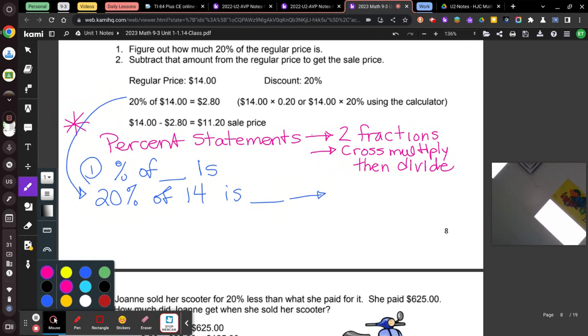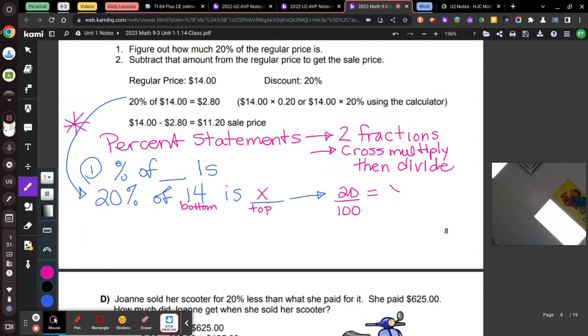20% of 14 is. So we're going to make two fractions. This guy is always the bottom. This guy is the top. So I would say 20 out of 100 equals, I'm finding X, I don't know how big it is, out of 14.